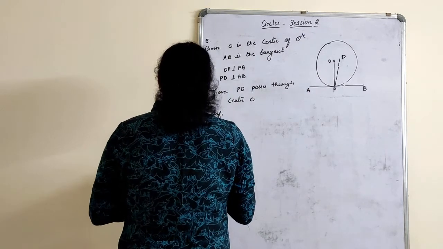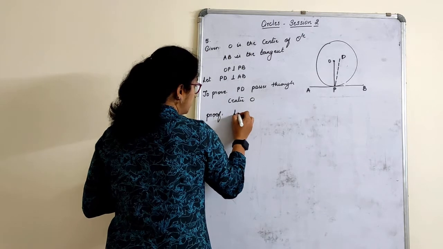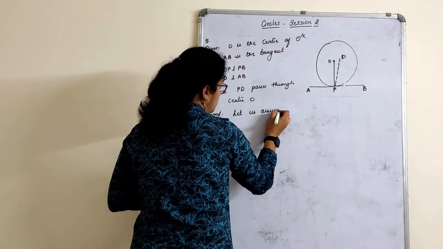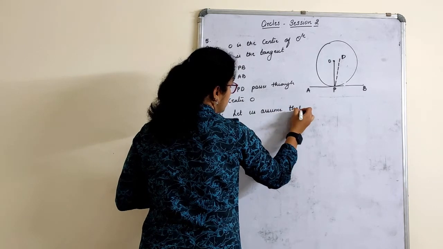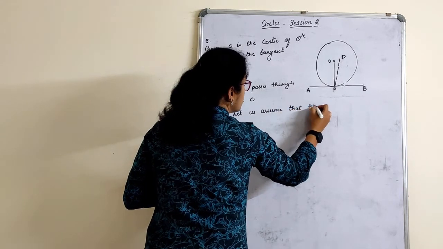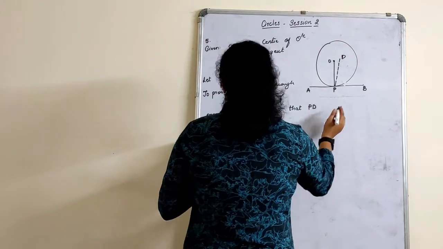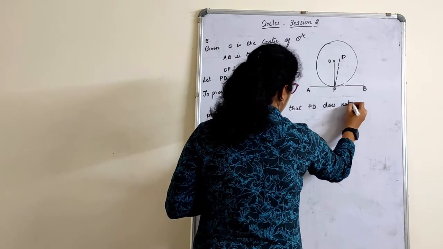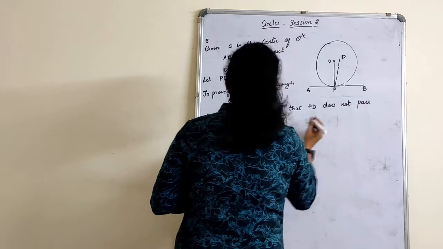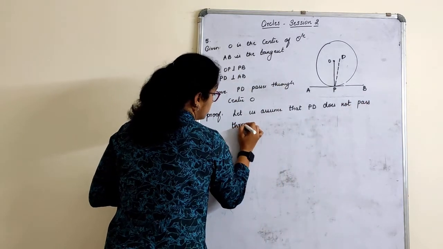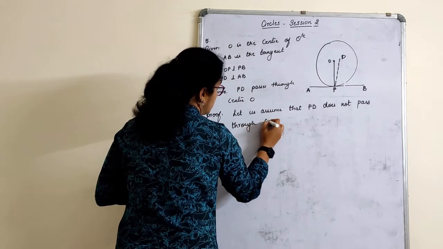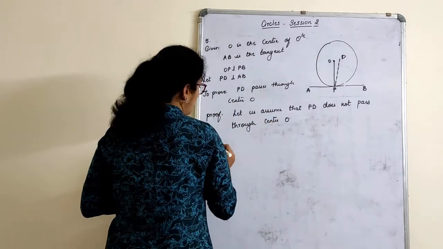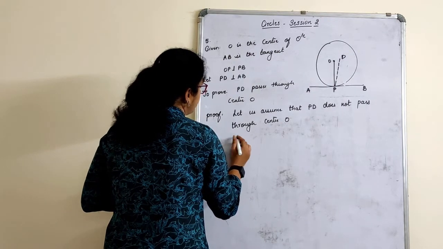So what we will do here is, let us assume that PD does not pass through center O. Okay. Now, what do we know from the given?